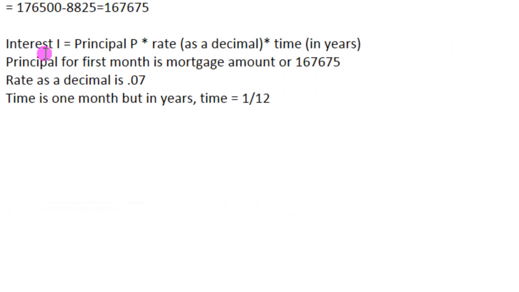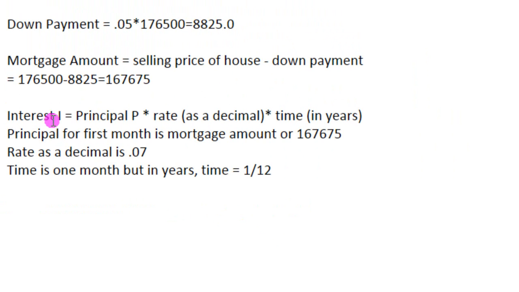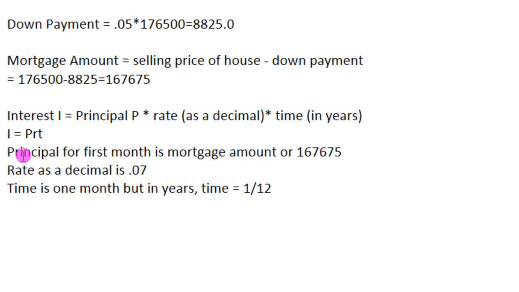Okay, so as you know, our interest formula is interest equals principal P times rate R as a decimal times time T in years, or I equals PRT, where P is the principal, and for the first month, that principal is going to be your entire mortgage amount, which is, in our case, $167,675. The rate for our case, as a decimal, is 0.07.